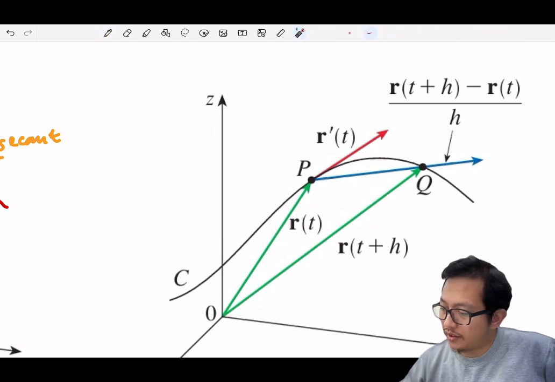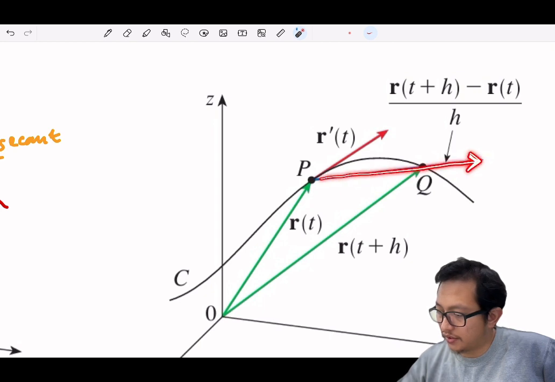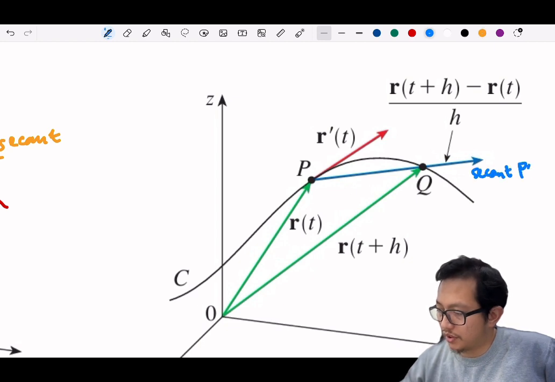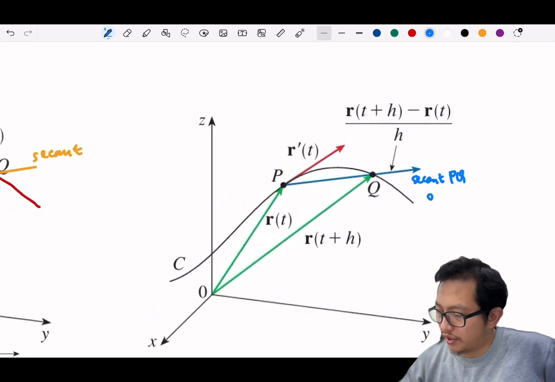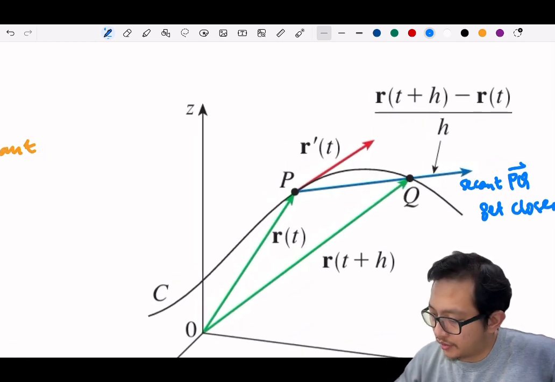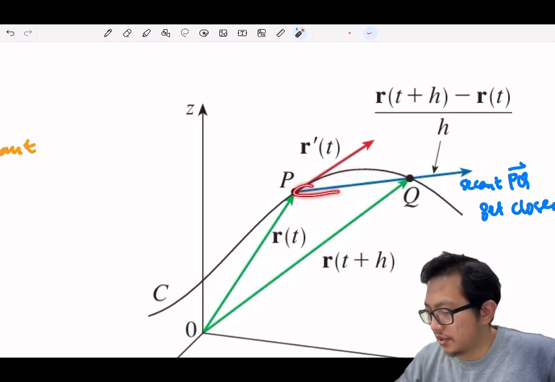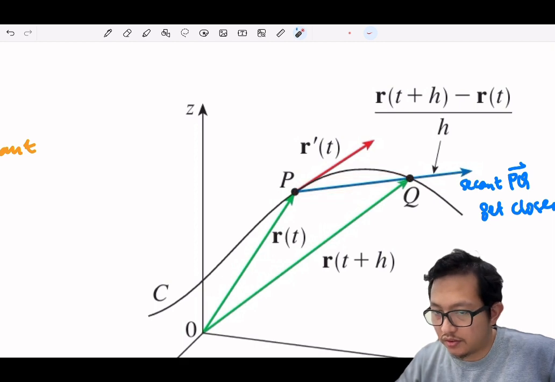Notice that when we take Q getting closer to P, the secant PQ gets closer to P, which means this distance is going to be 0.